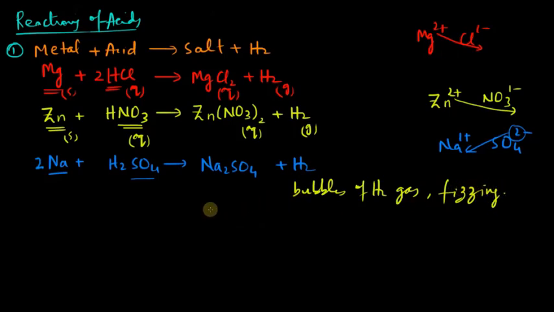And different metals, depending upon their reactivity, will produce a different volume of gas in a given time. If you take a fixed time, for example 1 minute, you will see different metals give you a different volume of gas produced. So this was the first reaction, that is metal reacts with acid to form salt and hydrogen. Let's see the next one.